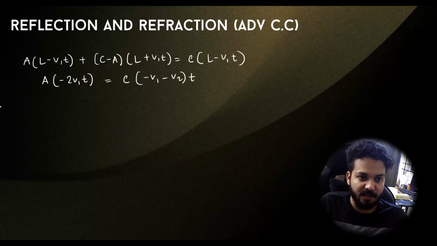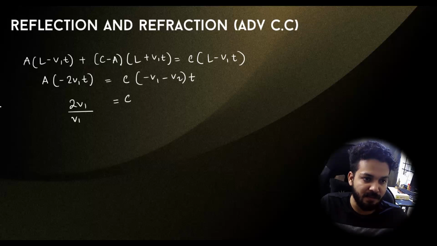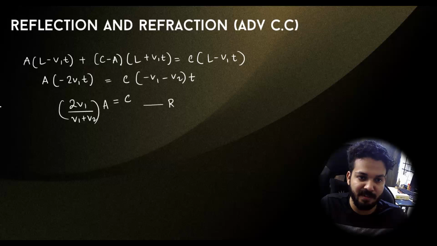You can calculate this yourself, do all the steps properly when you're doing this on your own. This will give me that c = 2v1/(v1 + v2) times a. Now this is a very important relationship and we'll talk about it a little bit later, but this is my result number one.